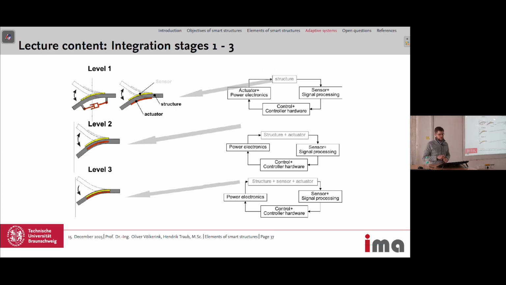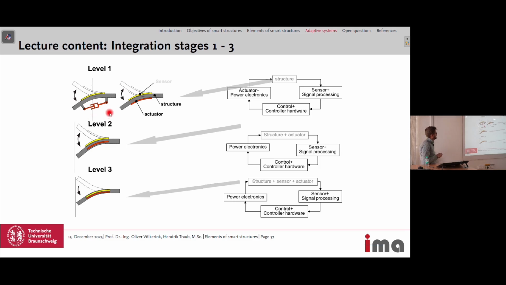So then one learning objective was to distinguish different integration stages. We can distinguish in total 6 integration stages. So level 1 is actuator or sensor integrated or applied to the load-bearing structure, and the other part is an external component, like in mechatronics.